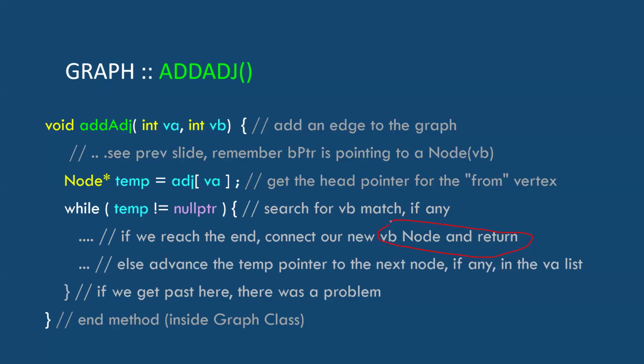Otherwise, we just advance the pointer and keep going, right? So we're going down the linked list and looking for that thing, okay? If we get past here, there was a problem. We ran into a VB, and we don't want to actually put two VBs in there. We don't want to have two friends called VB. So we just flag an error and print that message and say, I can't create a duplicate. I'm not going to do it, right? Okay, so we typically won't run into that unless we have bad data.